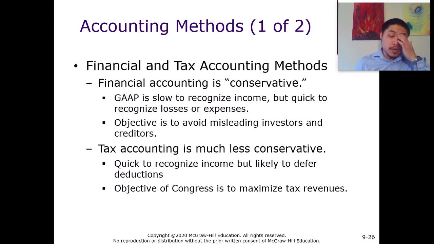That's why GAAP wants businesses to recognize losses and expenses very fast, way faster than they recognize income. That is the objective of financial accounting, and they call that conservative, because they want investors to know about the losses and the expenses before they know about the income.